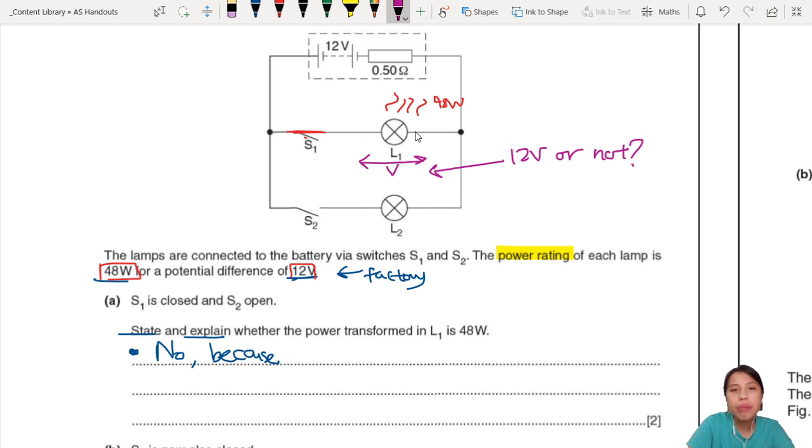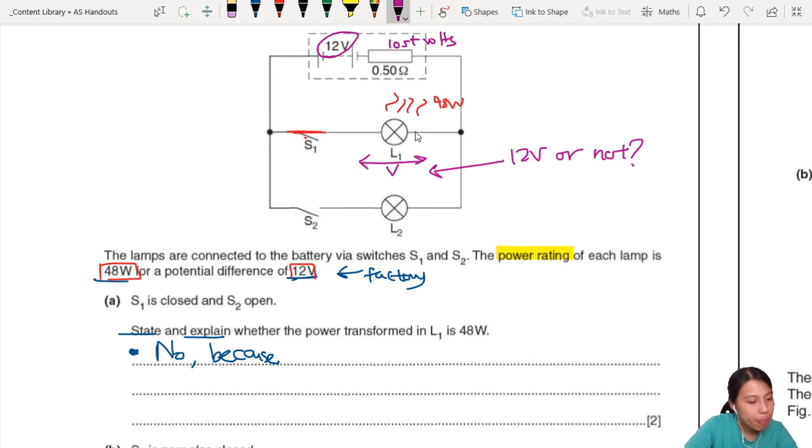You may say, yeah miss, here is 12 volts. Don't forget, you have lost volts here also. The internal resistance of the battery will also waste some volts. So in the end, what actually comes down here to the light is not 12 volts anymore. So you want to talk about the internal resistance.